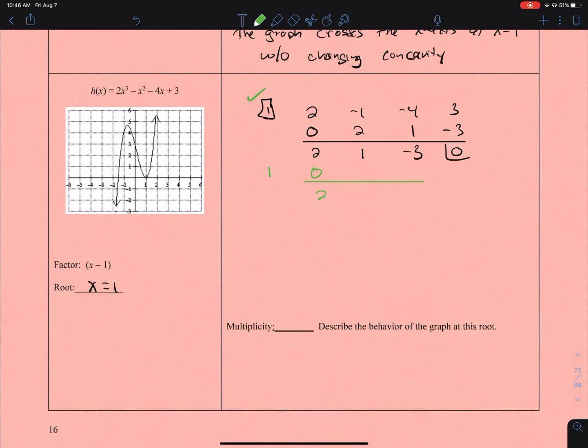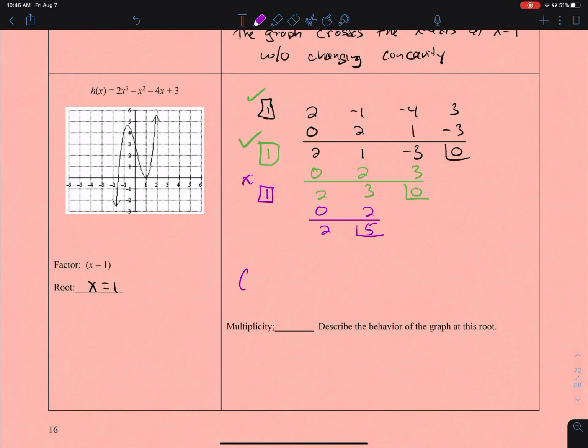Add, hold on, let me put this one a little higher, put it in a box. And I multiply, and I add, and I multiply. Hey, it happened twice. Let's see if it happens 3 times. Add, and I multiply, and I get a remainder of 5. So it worked 2 times.